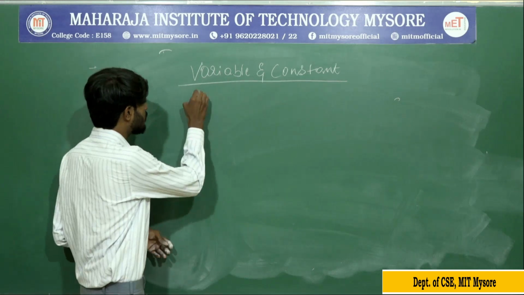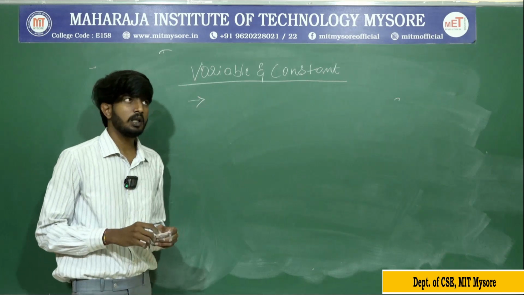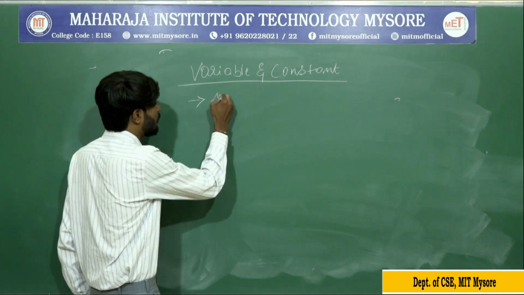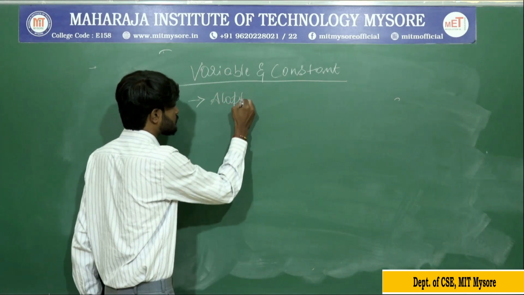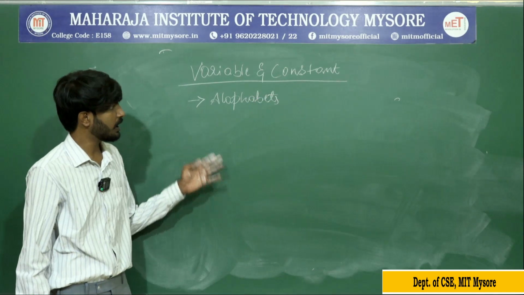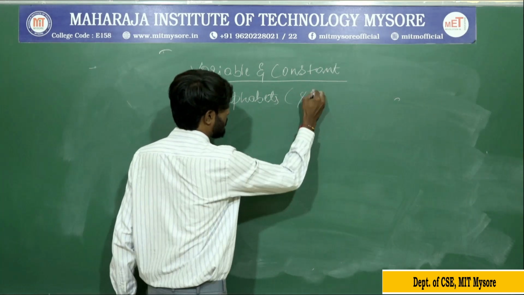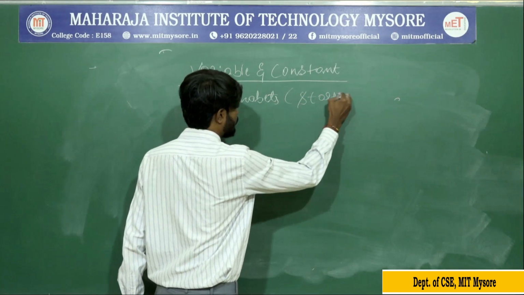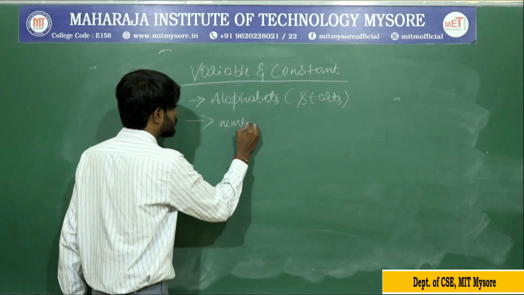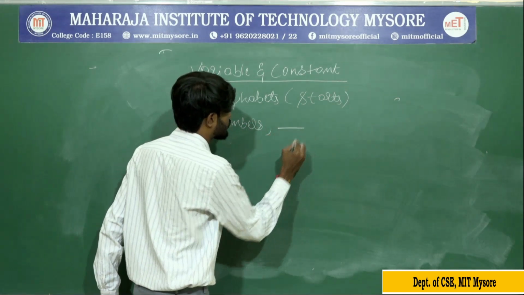So the first rule is the variable name should start with alphabets only. And it can have numbers and only one special character, that is underscore.